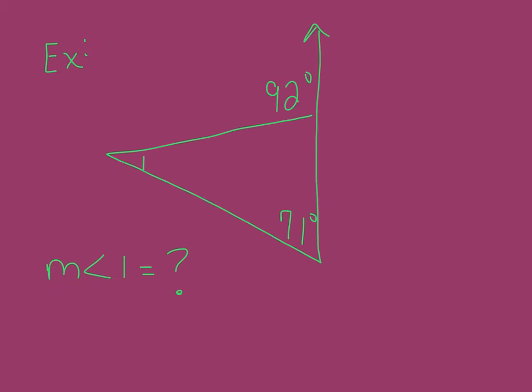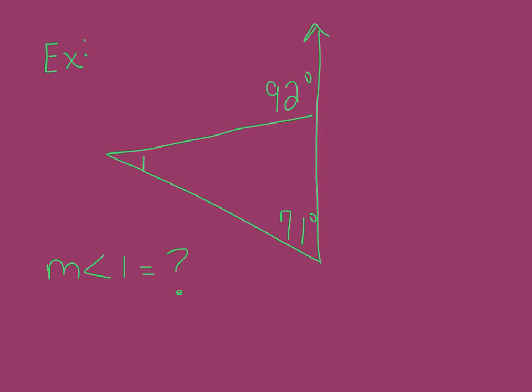All right, let's look at this second problem here. So this time, are you looking for the exterior angle, or are you looking for one of the remote interior angles? Hopefully you can see that you're given the exterior angle, you're given one remote interior angle, and you're looking for the other remote interior angle. So instead of adding, what do you think you're going to do for this one?